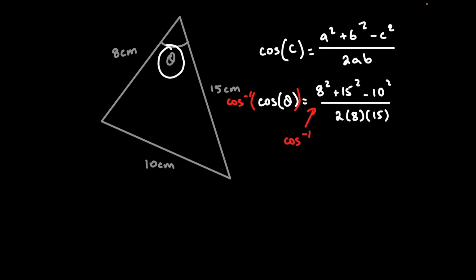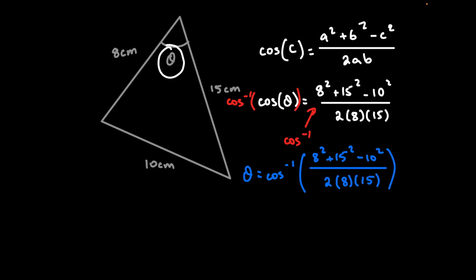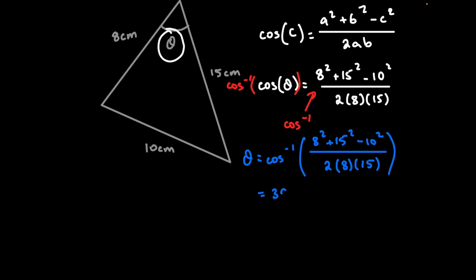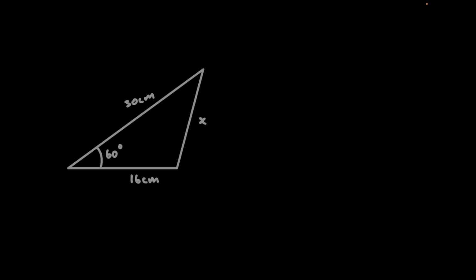This simply means that theta is equal to cosine inverse of 8 squared plus 15 squared minus 10 squared all over 2 times 8 times 15. And the number for this is simply 38.05 degrees.